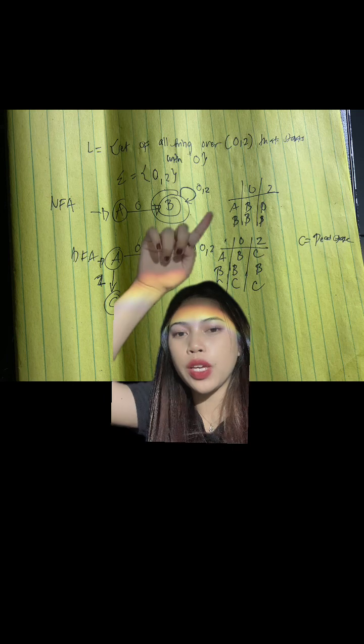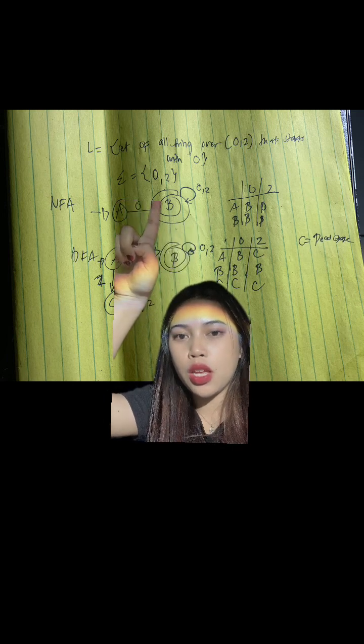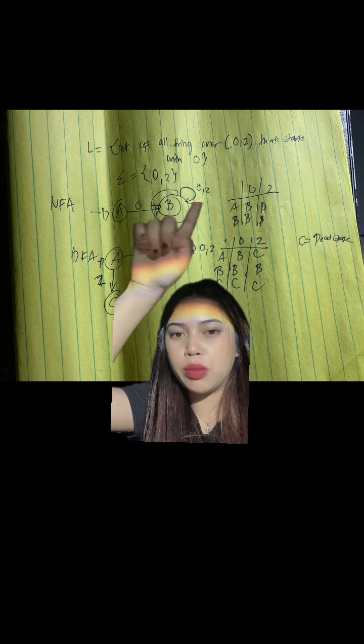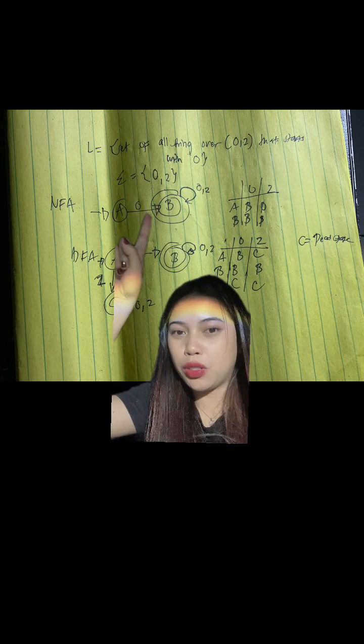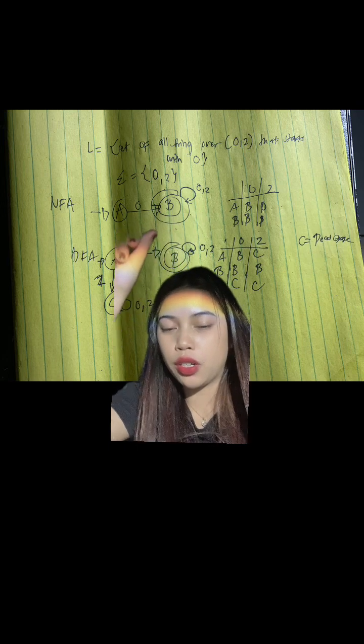So we make it into a graph. A, with the arrow 0, is coming into B. So let's put a B. The A that comes with 2 goes nowhere, so we put a 0, which is the sign of nowhere.